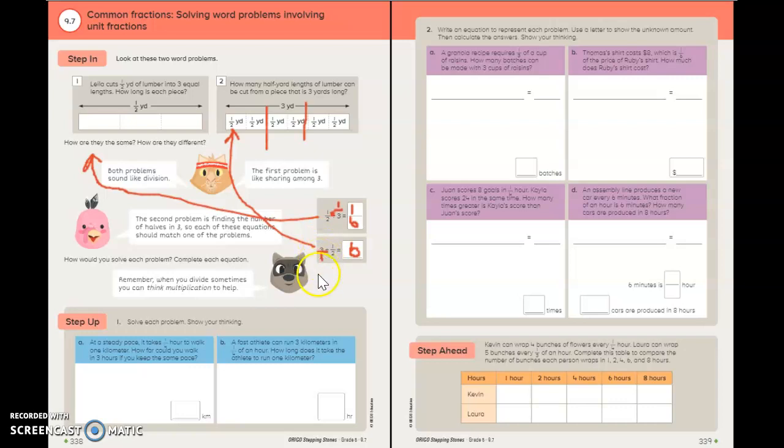So I have 3 over 1, and if I take the second fraction and flip it upside down, so I put the 2 on top and the 1 on bottom, and multiply straight across, I'm going to get my answer. 3 times 2 is equal to 6 over 1. Well, 6 over 1 is equal to 6, which is the answer that we got. Okay, so there's another quick way to solve that problem.